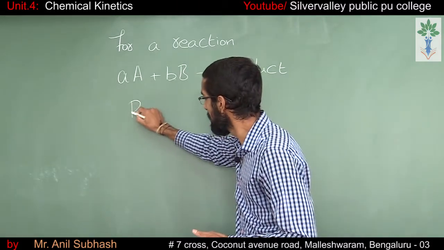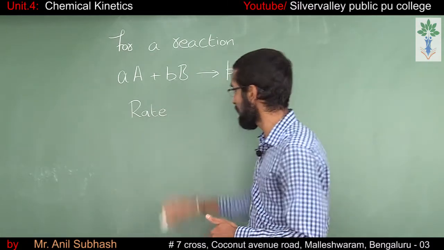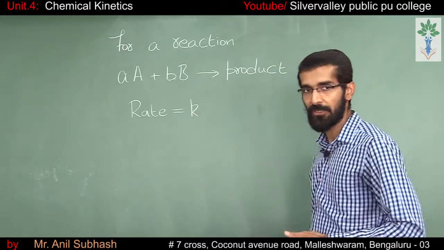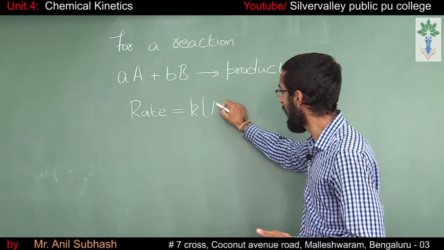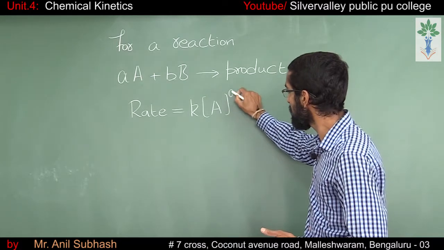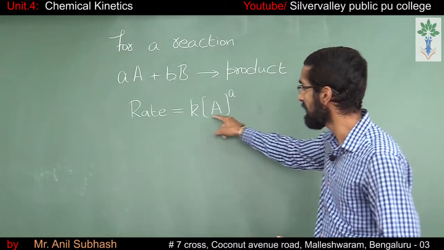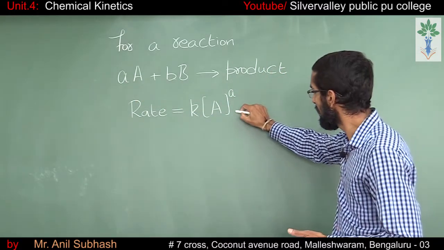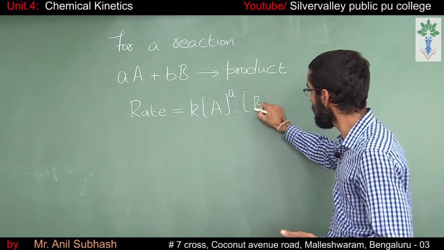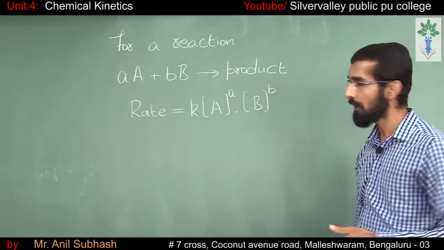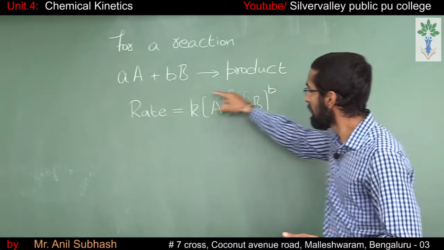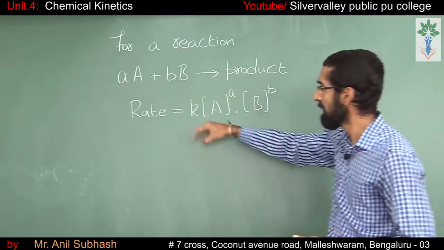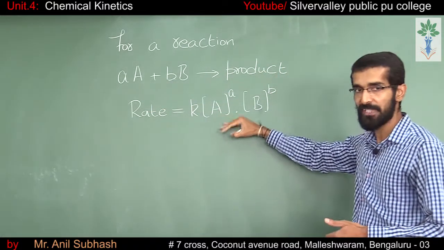For this reaction, the law of mass action is given by rate is equal to rate constant into active mass of A raised to the power of a, into concentration of B raised to the power of b. Here the coefficients are raised as powers. For these kinds of reactions, the coefficients are always raised as the power.